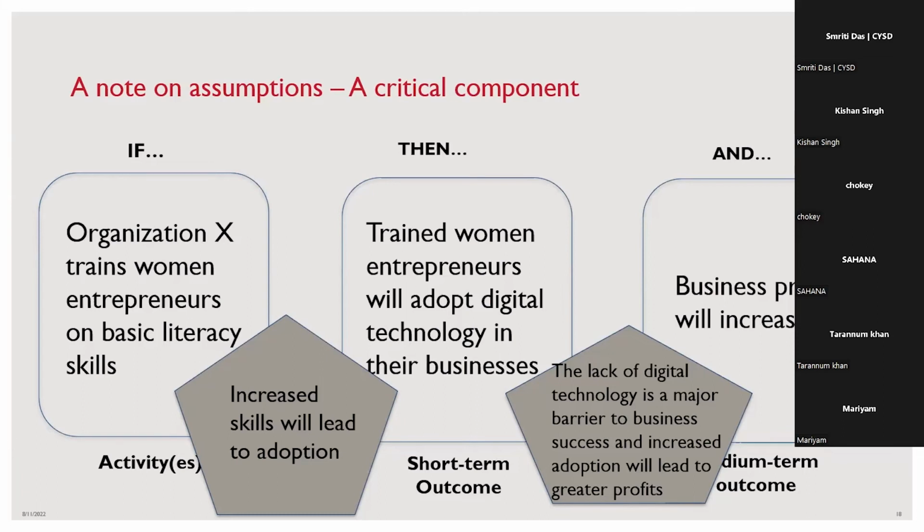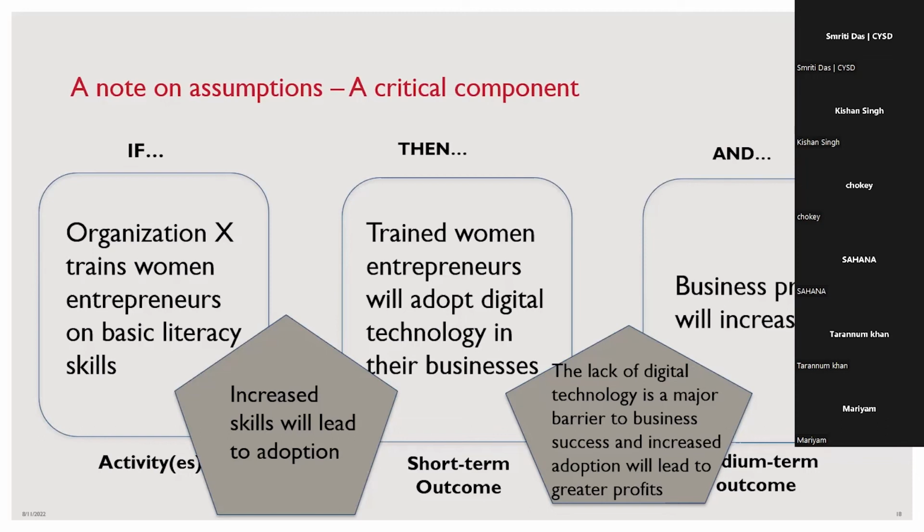So when you develop your theory of change, you really need to flesh out the assumptions, really identify them, and then be able to monitor them as you go through your program. As you do your training, let's say, and going back to this theory of change here, as you do your training and you see increased skills result from that training, but you don't see the adoption of digital technology on the back end, you know that something is wrong with your theory of change.